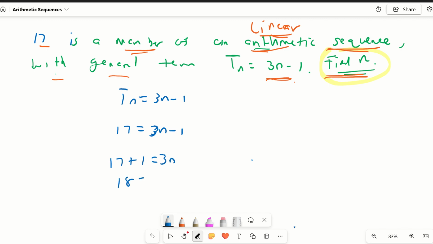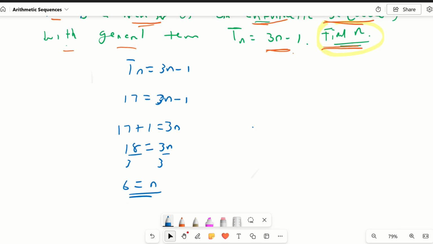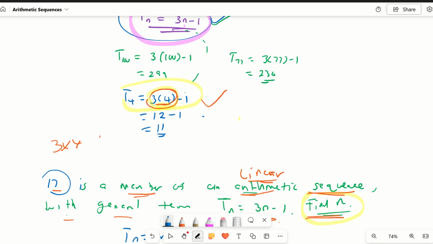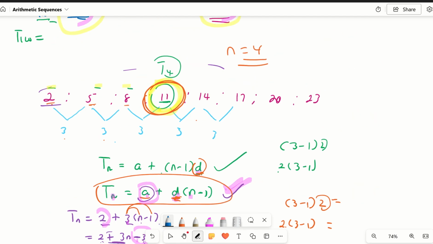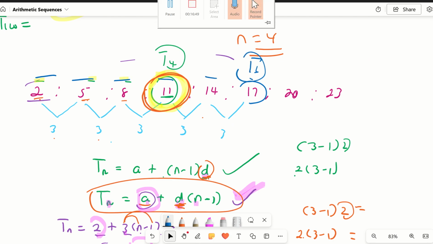We've got 18 equal to 3n. Divide both sides by 3, and n is 6. So what does this tell us? This statement is saying 17 is member number 6 of the pattern they're referring to. Since we already have the pattern, it's 1, 2, 3, 4, 5, 6. Delicious. Sharp, sharp. Let us give you a different question.